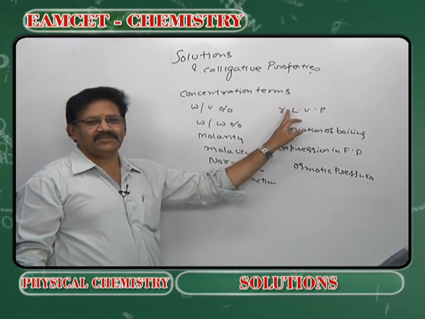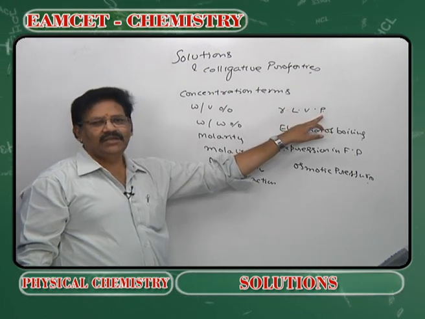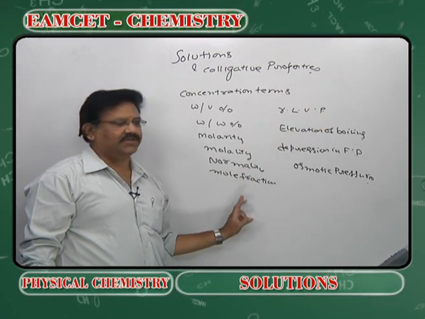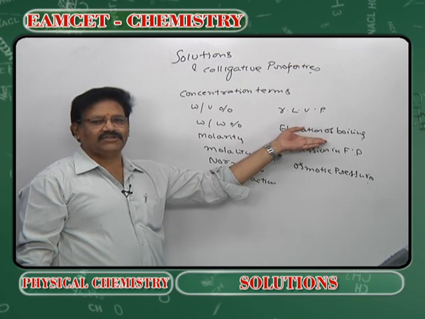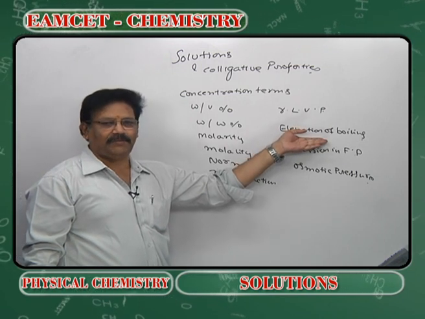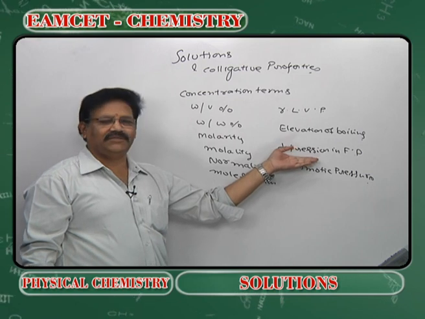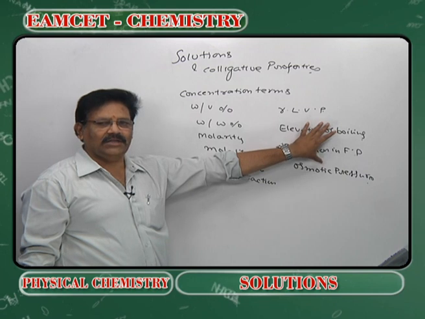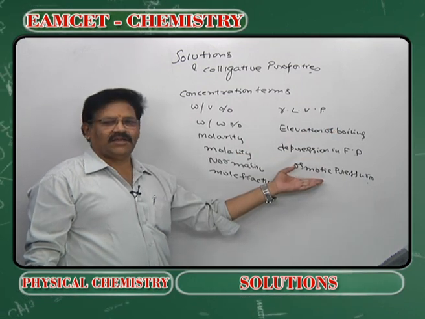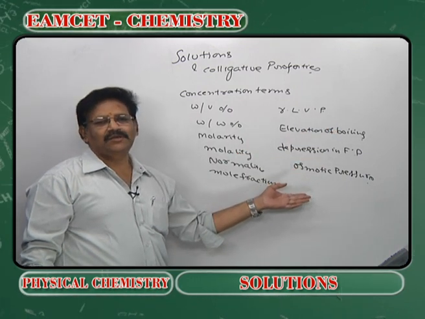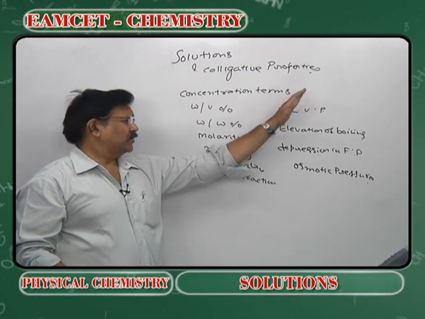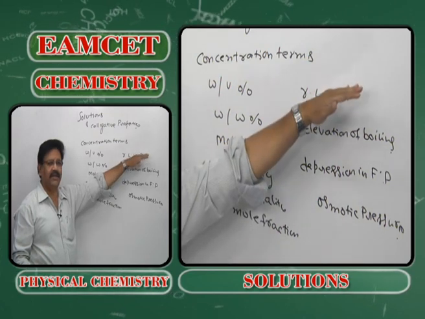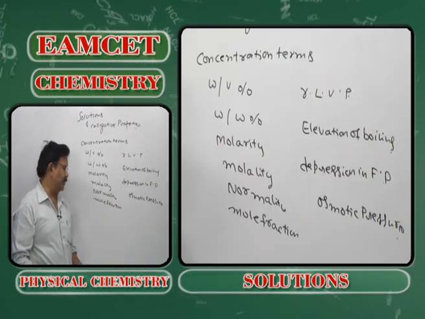What are the concentration terms that are useful in the calculation of the RLVP? Molality and mole fraction. And for the calculation of the elevation in the boiling point and depression in the freezing point, what is the major concentration term? We are using molality. And regarding the osmotic pressure, we use molarity. So discussion about the concentration terms will also be carried along with this colligative properties.